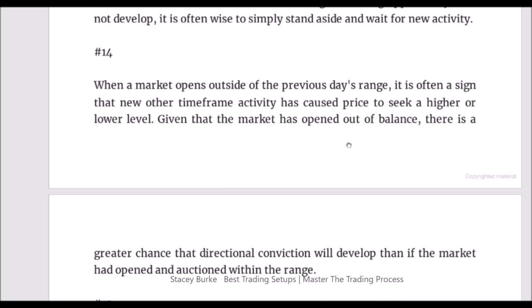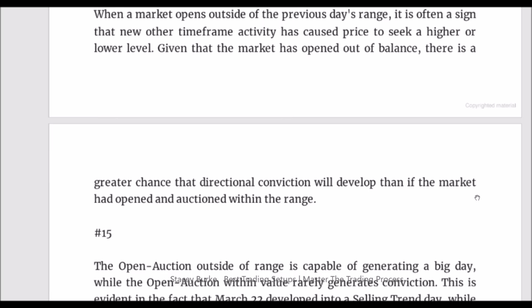So again, going back to Dalton and the reminder: when a market closes or opens outside of the previous day's range, it is often a sign that new other time frame activity has caused price to seek a higher or lower level. What that means is that when a market goes out of balance, there is greater risk, but also greater opportunity, because once the market either accepts or rejects being out of balance, it can offer a strong directional conviction.